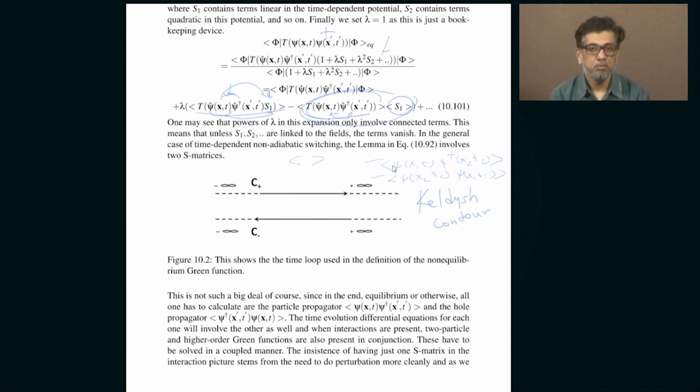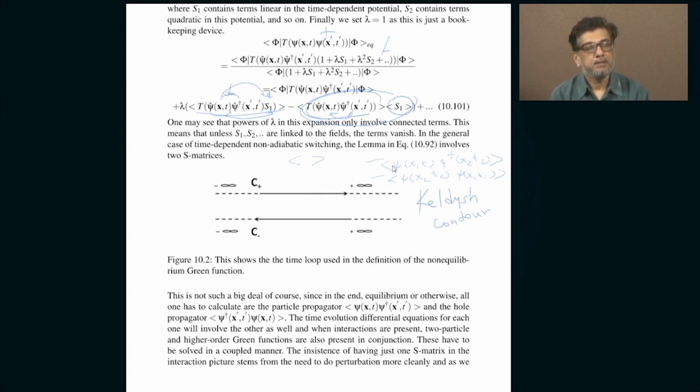If you are allowed to insert one particle or remove one particle, then after all that is the only thing you can calculate. Either you calculate the particle Green's function where you insert a particle first, or you calculate the hole Green's function where you remove a particle first.